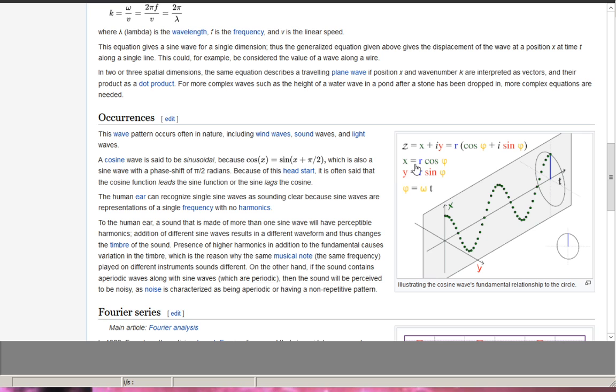There's the formula right there. x equals r cosine theta, y equals r sine theta. Yeah, but that's not real. Wait, real and imaginary is up here.